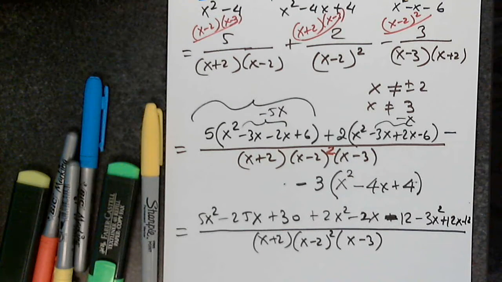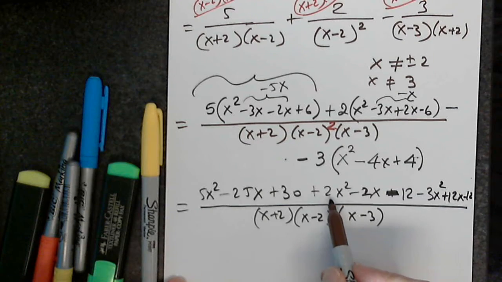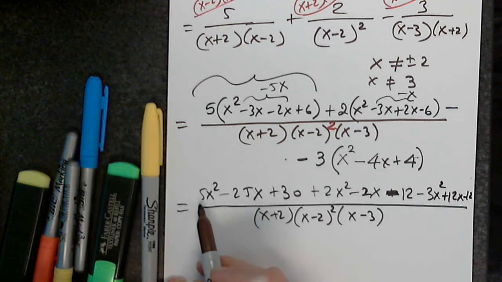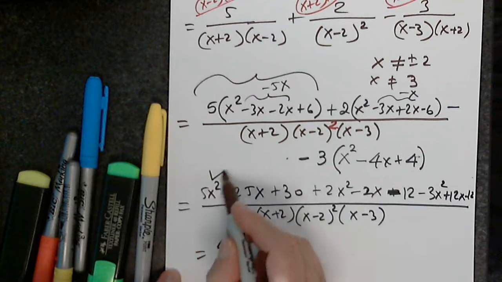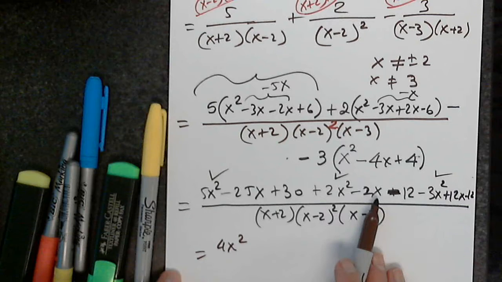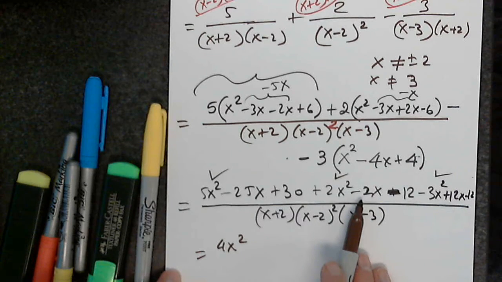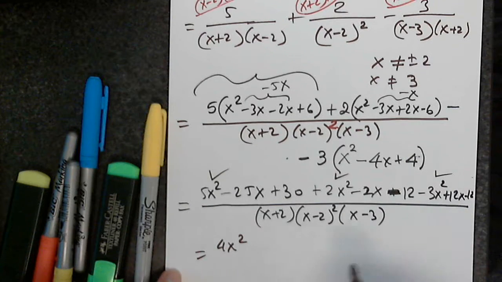What is the next step then? Combine. So I have 2x squared with 5, that's 7, minus 3 is positive 4x squared. So these are done. Then I have a 25x with a negative 2x, which is negative 27x. But negative 27x plus 12x is negative 15x.